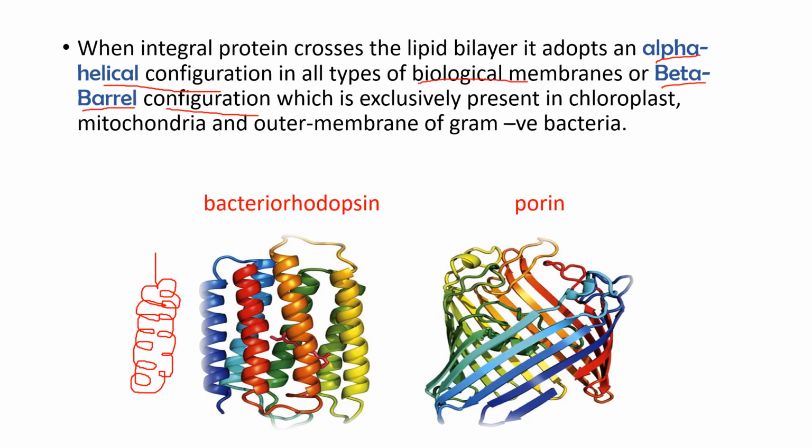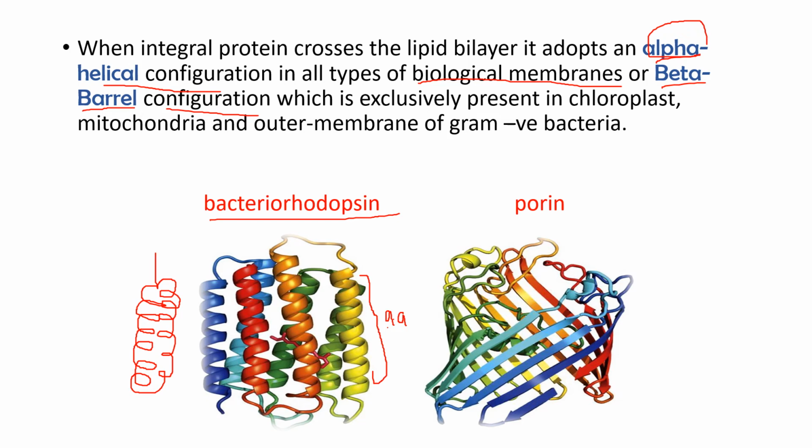Basically, all types of biological membranes have alpha helical configurations. An example is bacteriorhodopsin. It is present in archaebacteria and uses light to establish a proton gradient. It mostly occupies alpha helices that contain non-polar amino acids, which interact strongly with the non-polar or hydrophobic core of the lipid bilayer.